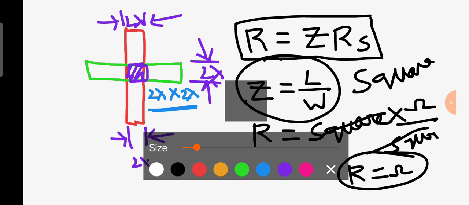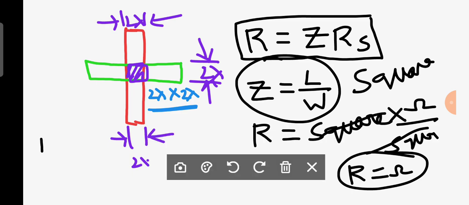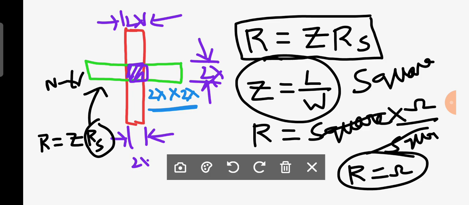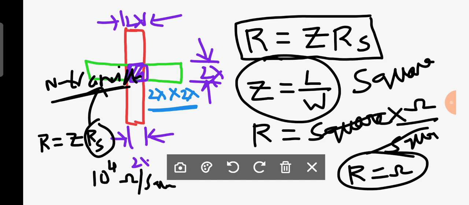I know very well that R is equal to Z into RS. Now what is RS for this transistor? Which transistor is it? N transistor it is. Now what is the RS of N? 10 to the power of 4 ohm per square.